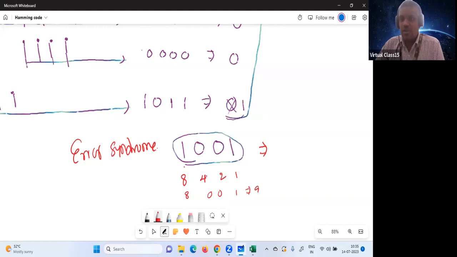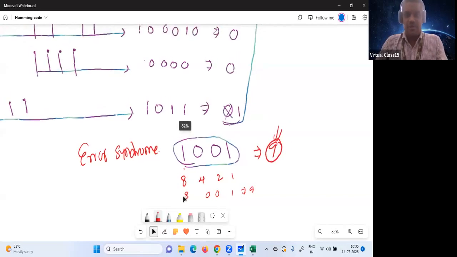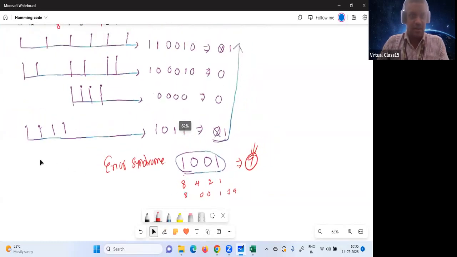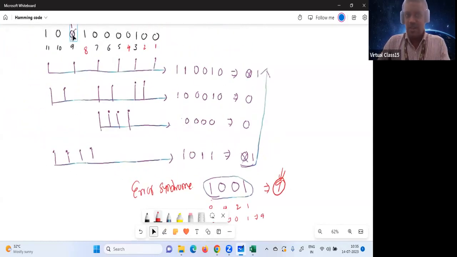Now I think you can guess that the 9th bit is corrupted. We have already seen here that the 9th bit is corrupted. Try to work it out yourself: modify any bit and follow the same rule.